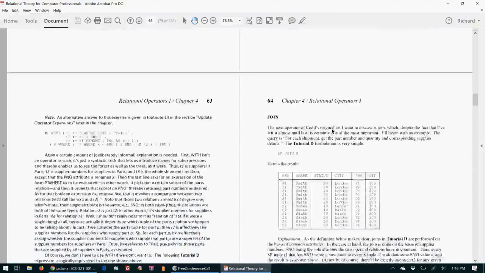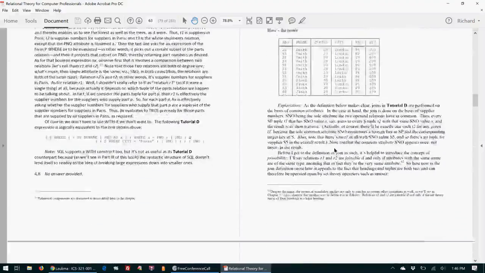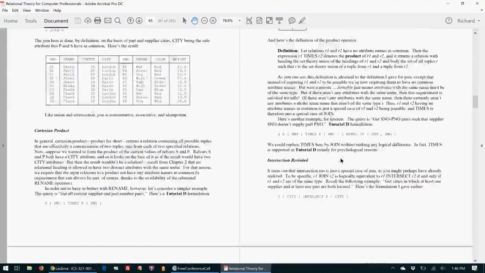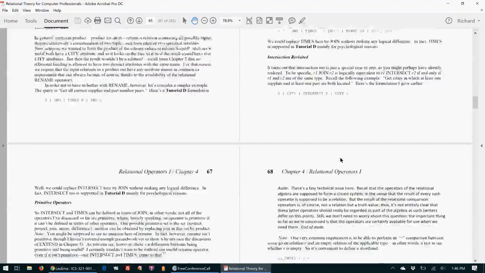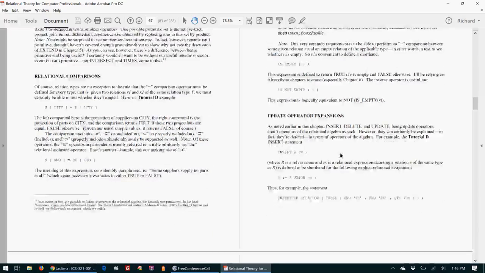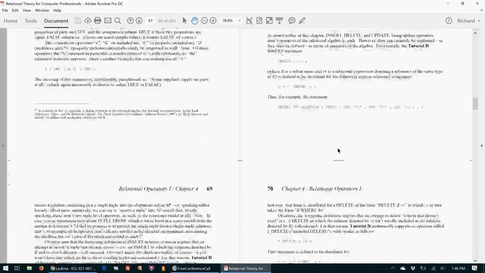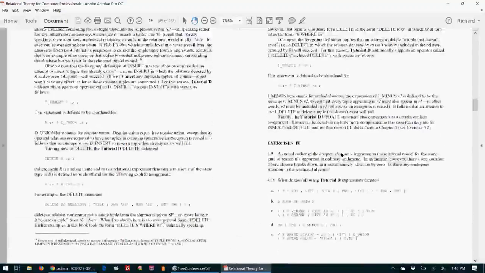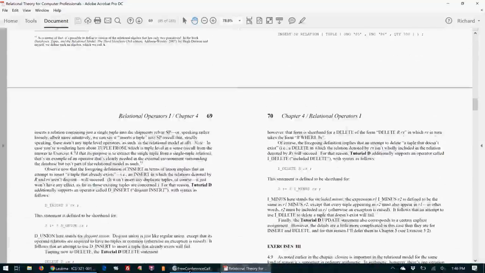And then there is a section 3, which is join. Oh, we get into join in this chapter. Well, that's good. And Cartesian product. And then talk a little bit about some of these relational comparisons. And that's exercises 3. Okay, so we're doing exercises 2.